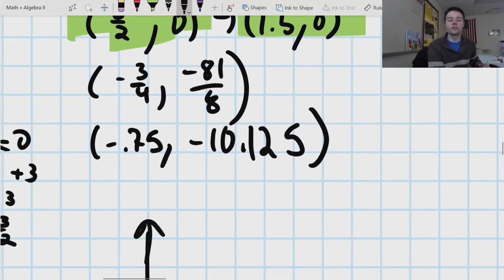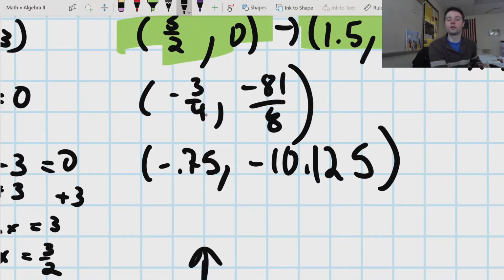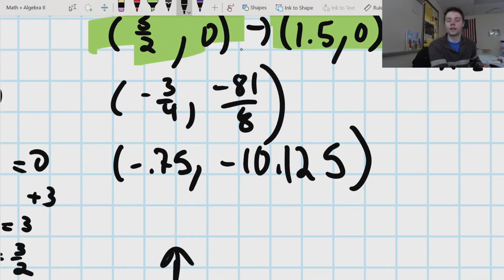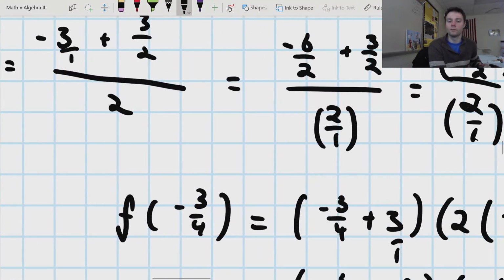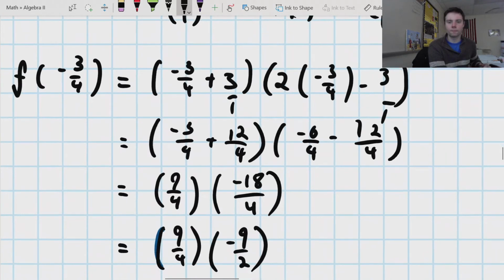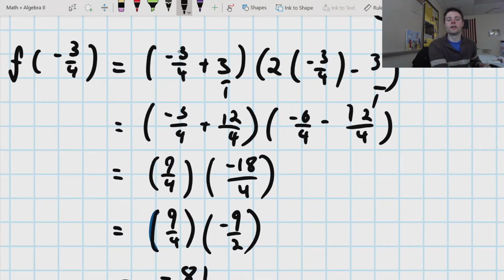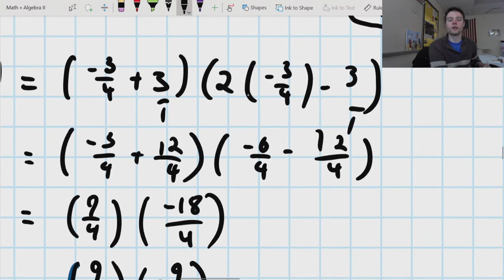So I'll walk you through that. So once you get -3 over 4, you plug it back in, and you should get -81 over 8 for this problem. So I'm left with -3 over 4 plus 3 over 1, and then times 2 times -3 over 4 minus 3. So over here, I multiplied these two fractions. So this is 2 over 1. So 2 times -3 is -6. 1 times 4 is 4.